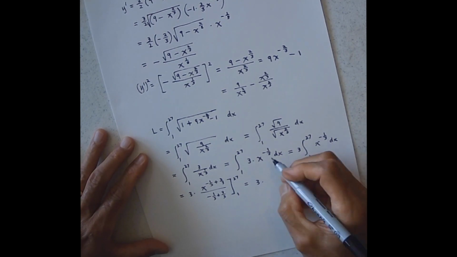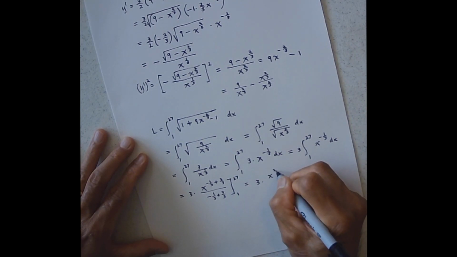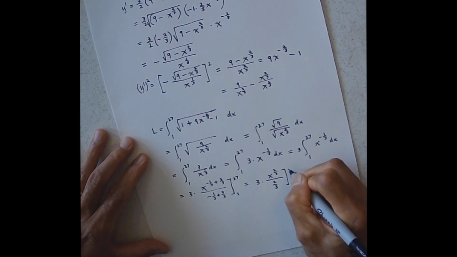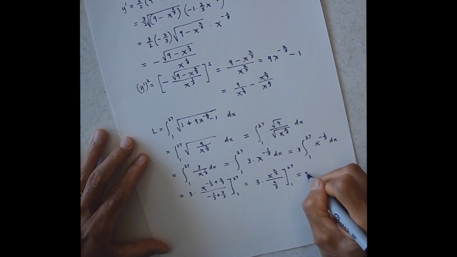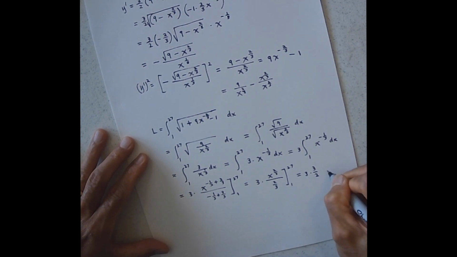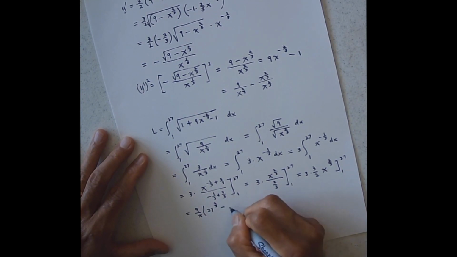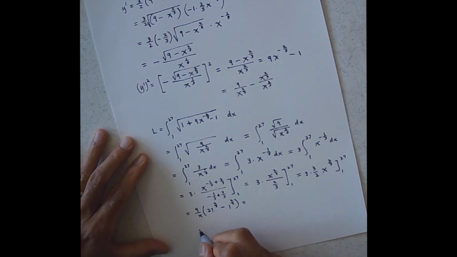And so we get 3 times x to the 2/3 over 2/3 from 1 through 27, which becomes 3 times 3/2 x to the 2/3 from 1 through 27. Simplifying further, we get 9/2 times 27 to the 2/3 minus 1 to the 2/3.